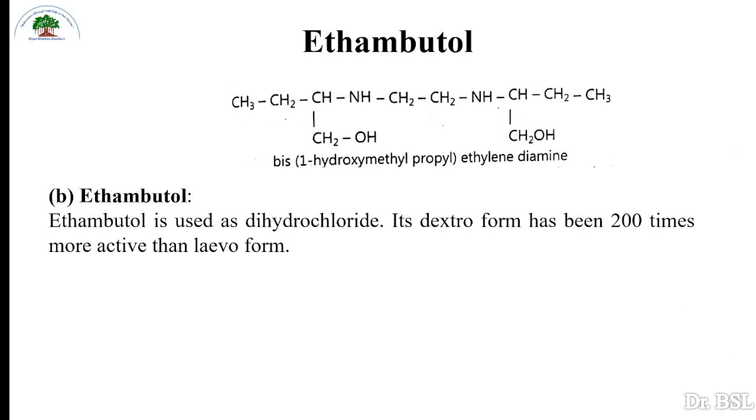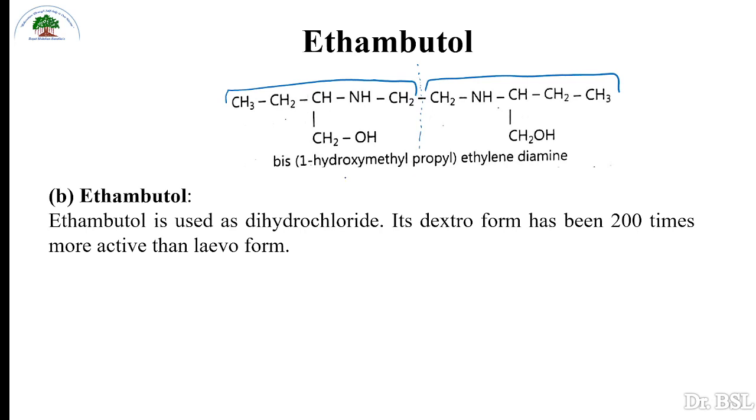Then the second anti-TB agent, that is ethambutol. This is a symmetric structure. So here, the same structure, so we can draw a mirror plane of symmetry through this.